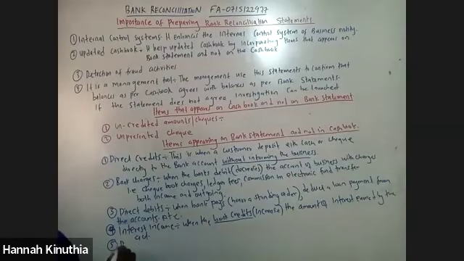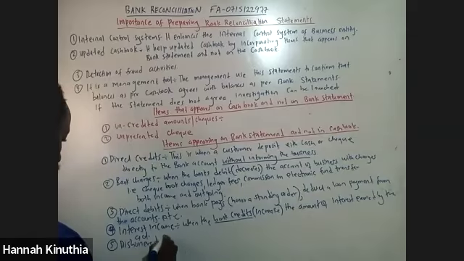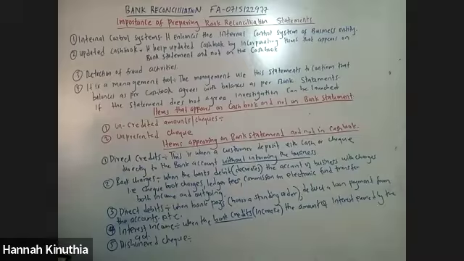Then that's why it's dishonored check. Now you might find that there was a check that was deposited in the bank, but that check was dishonored, meaning it was rejected.